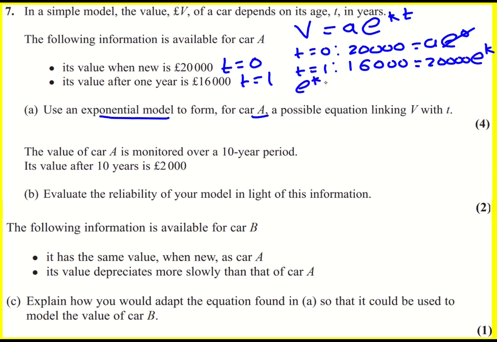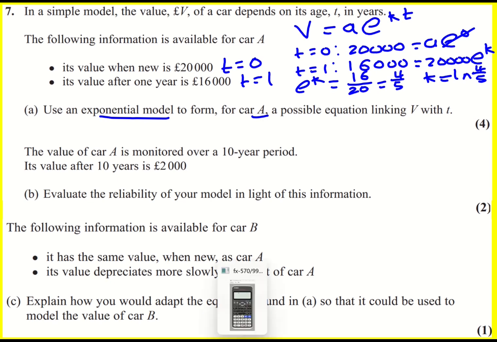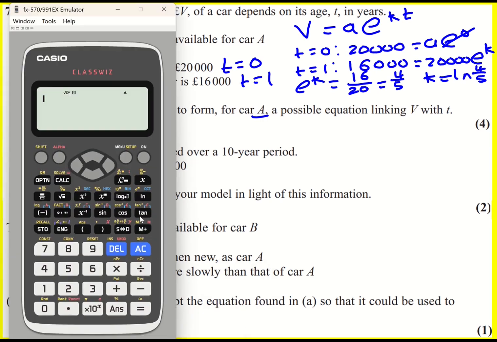So then e to the k will be 16,000 divided by 20,000. That just becomes 16 over 20, or actually 4 over 5. So k is ln 4 over 5. That's the exact value. But I'm going to write my answer to 3 significant figures. Remember it's a model, so leaving answers exact is not particularly useful.